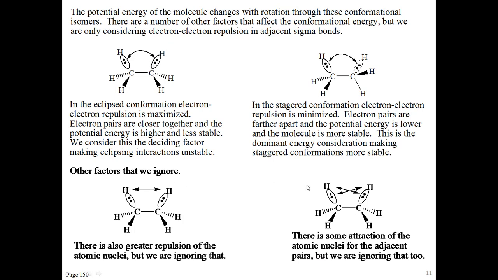But on the other hand, if I rotate them eclipsed, the nuclei here are closer to the electrons in the other sigma bond, and the nuclei here are closer to the electrons here, and that would be an attractive force, which would lower the energy. So it would be hard for us to make those estimates, but computations and so forth have shown that the eclipsed is less stable, and so we're just going to assume that the electron-electron repulsion here is the deciding factor.